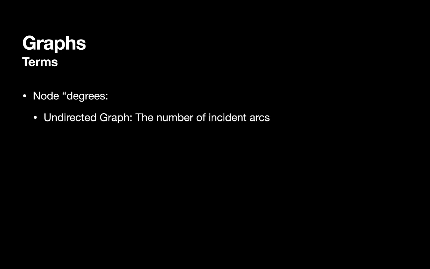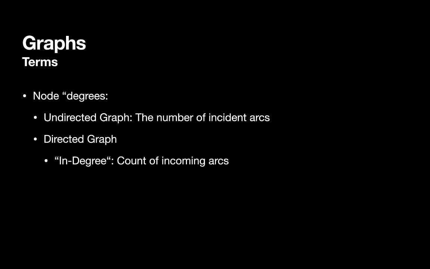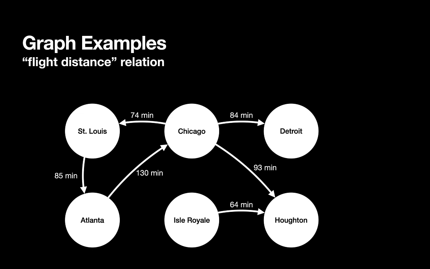Okay, a couple more terms. So there's the concept of degrees in nodes. In an undirected graph, the degree is the number of incident arcs. Basically it's the number of arcs that touch a particular node. In a directed graph, we can actually break this down into two distinct concepts. The concept of in degree, which is a count of the incoming arcs, and out degree, which is a count of the outgoing arcs. So in one of our previous examples here, we'll focus in on Chicago.